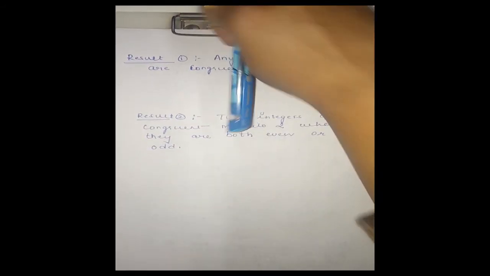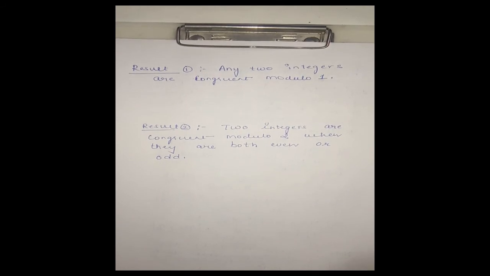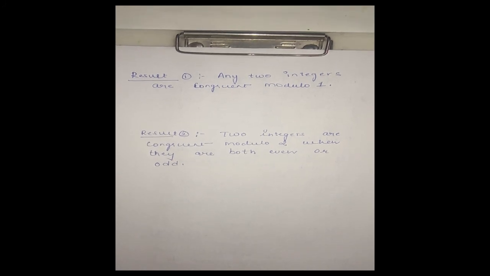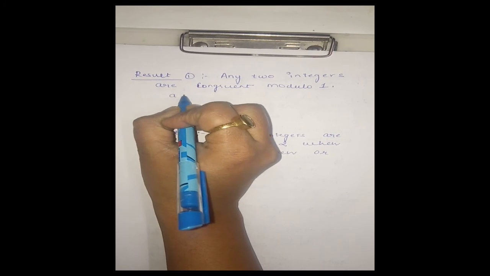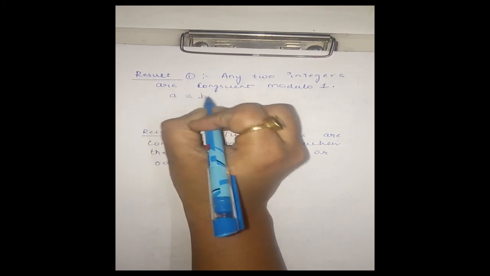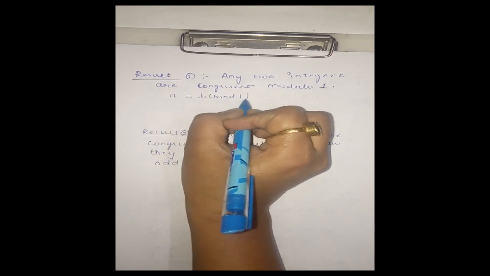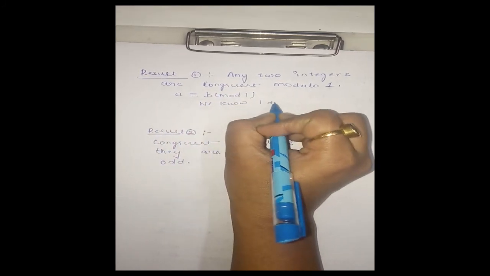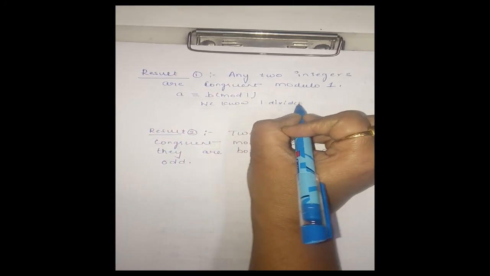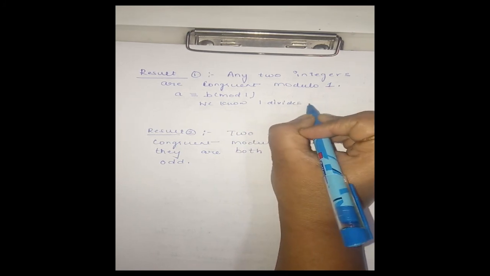Next we have some trivial results. First, any two integers are congruent modulo 1. Since a is congruent to b modulo 1, we know 1 divides every integer.